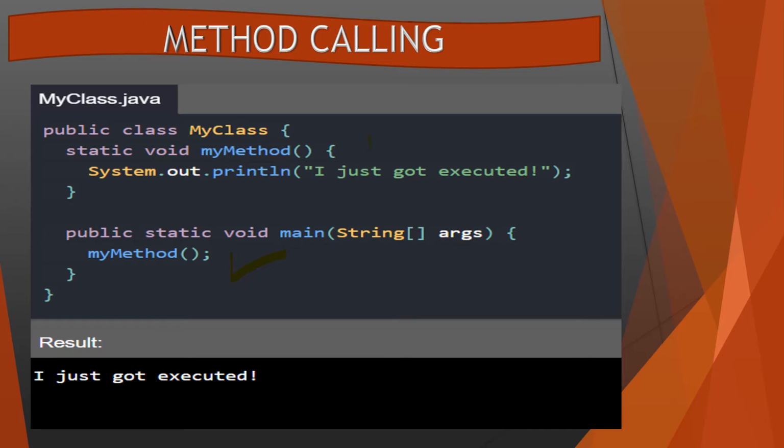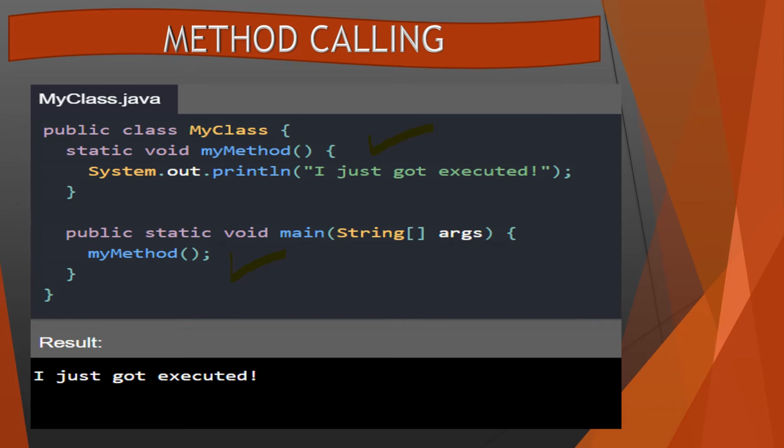We have here myMethod and how it should behave. Since we use a built-in method here, System.out.println, we instructed the compiler to display "I just got executed". So that is how our user-defined method named myMethod will behave.